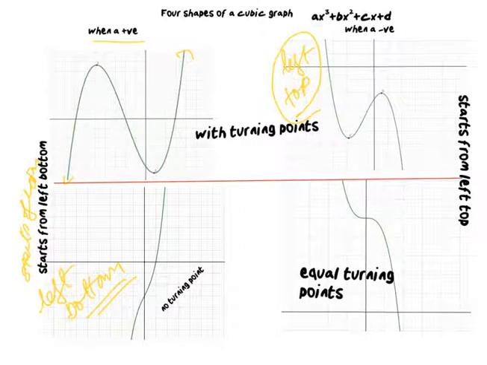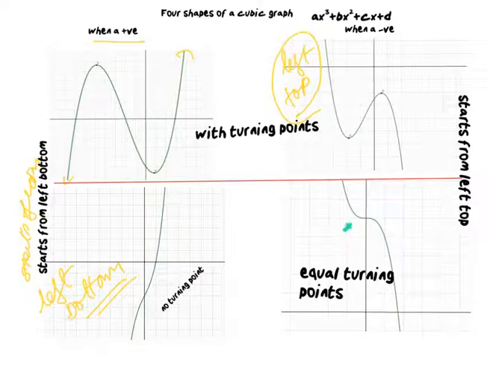So in short, if I summarize the 4 shapes: when a is positive, it starts from the left bottom of the graph. When a is negative, it starts from the left top of the graph. Now, with the turning points, you can see there are 2 turning points. And there is a shape with no turning points.